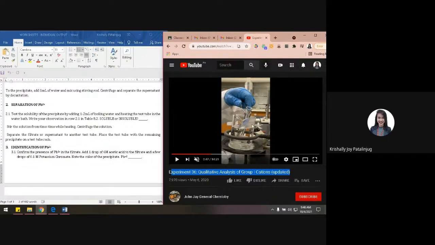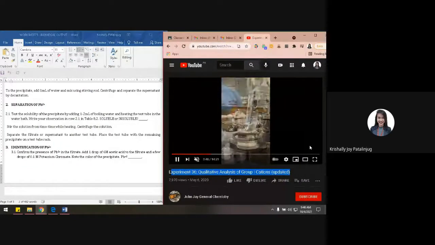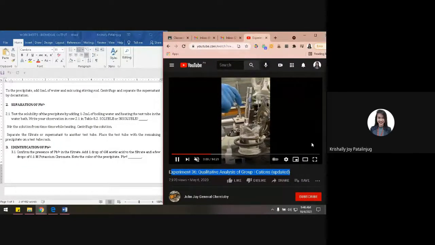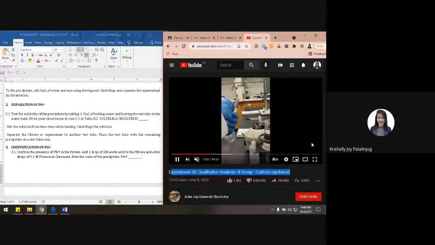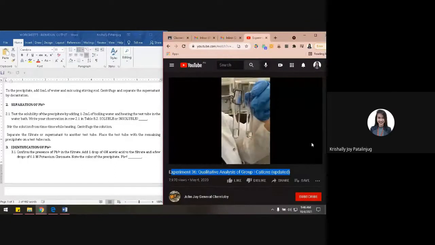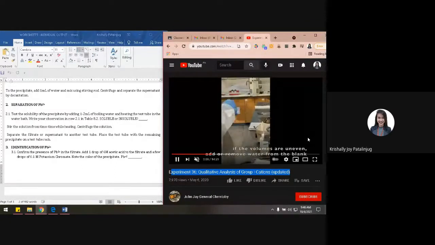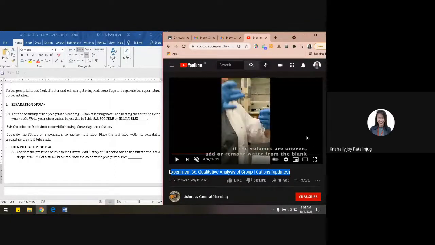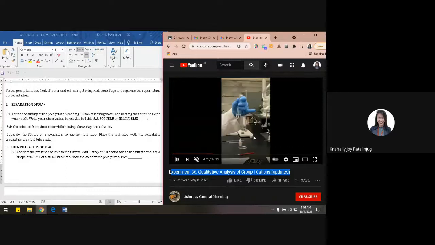Okay, next. Yung ginagawa lang niya dyan is gibalance lang niya the volumes. Kasi again, kapag centrifuging, we have to keep in mind the concept of balance. Okay?